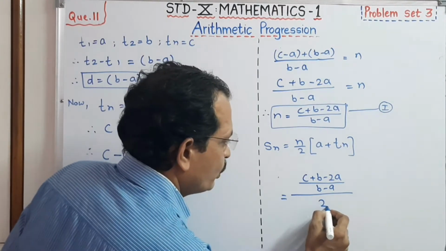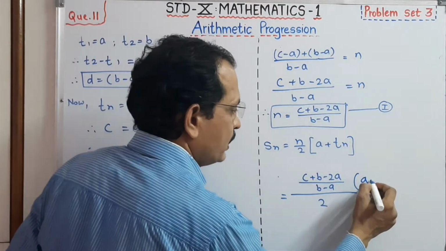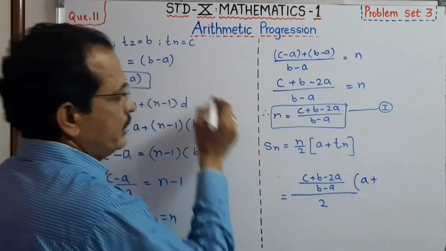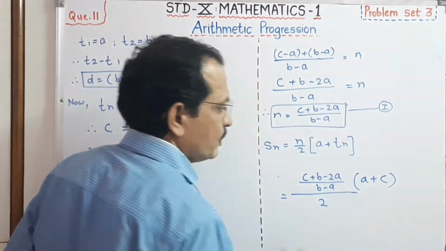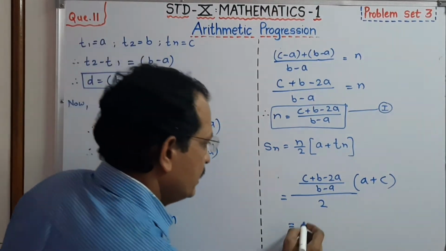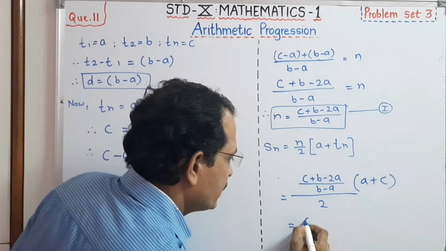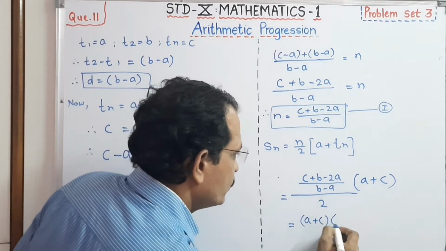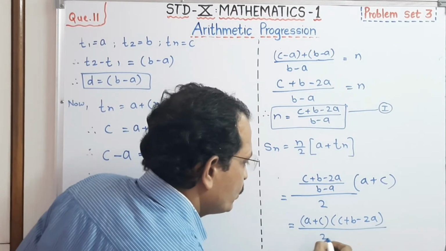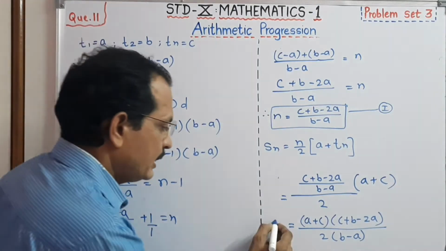Got it? Upon 2 into A plus Tn. This Tn means what? It is C. Got it? Now dear student, we got the answer here. This B minus A comes on this side, therefore it is A plus C into C plus B minus 2A upon 2 into B minus A. Now this is the Sn.